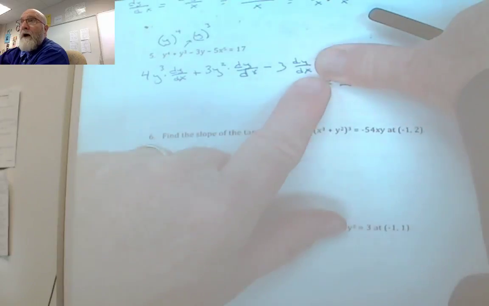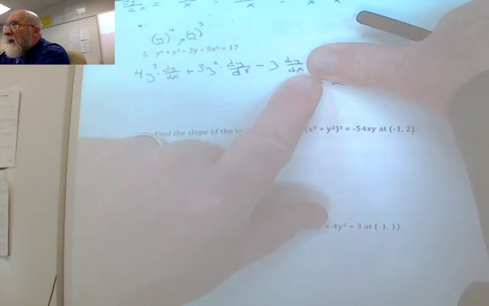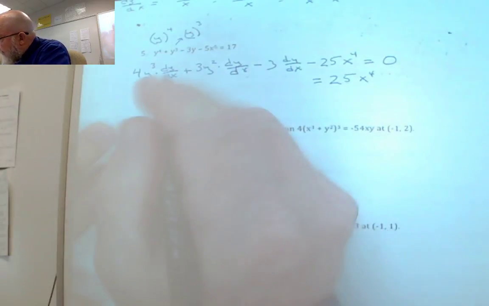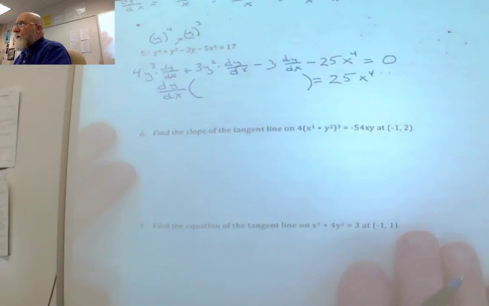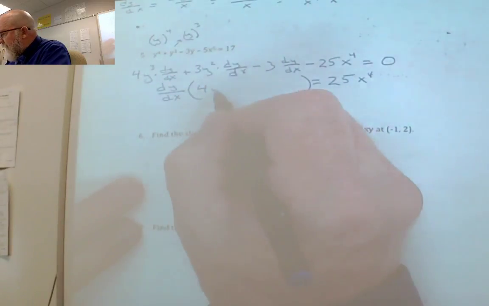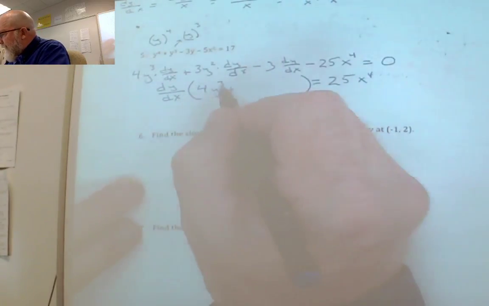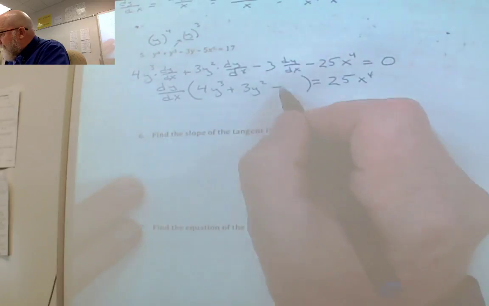So I'm going to factor out the dy dx. Does that make sense that I can do that? Really what I'm doing is reversing the distributive property, right? And I get y cubed plus 3y squared minus 3.